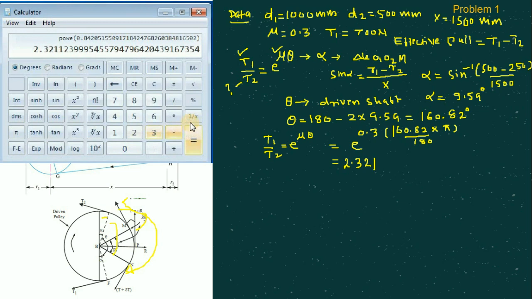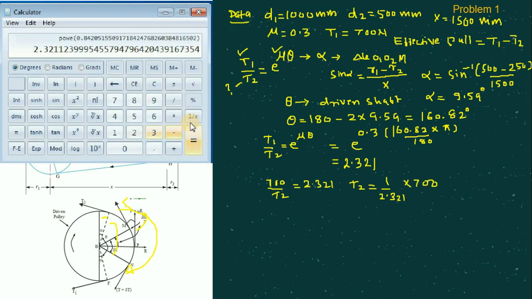2.321. Okay. So now we calculated the ratio between T1 by T2. So now we can calculate theta 2, that is 700. Theta 2 is equal to 2.321. So theta 2 is equal to nothing but reciprocal of 2.321 multiplied by 700.